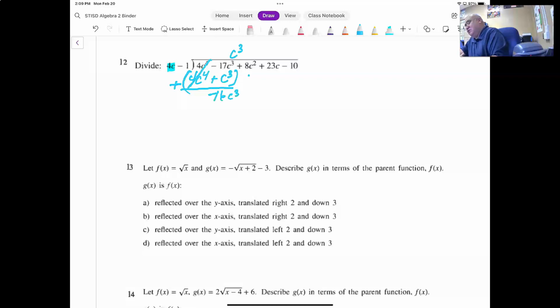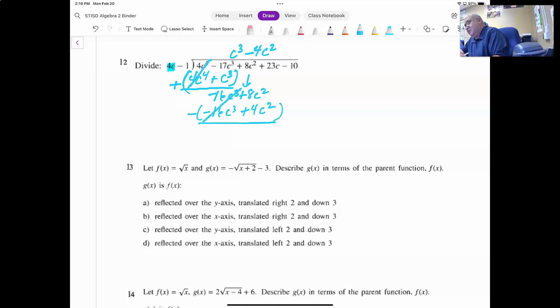You bring down 8c squared. So what do you multiply 4c by to get negative 16c to the third? So it's going to be negative 4c squared. And that gives you negative 16c cubed. And you get positive 4c squared.